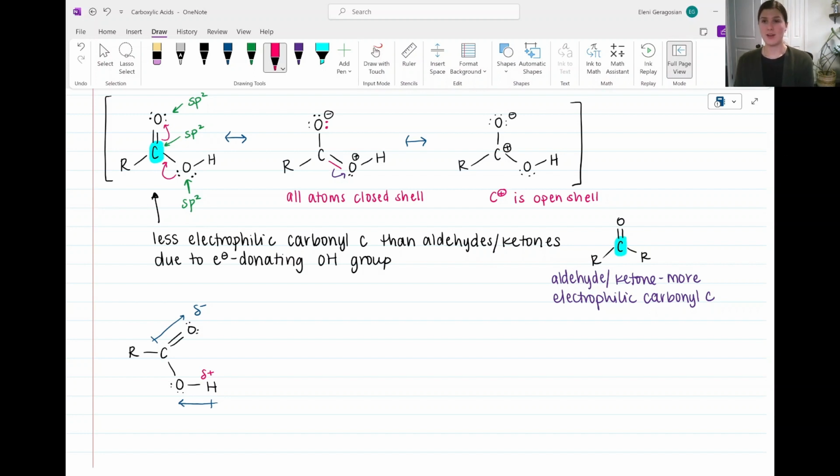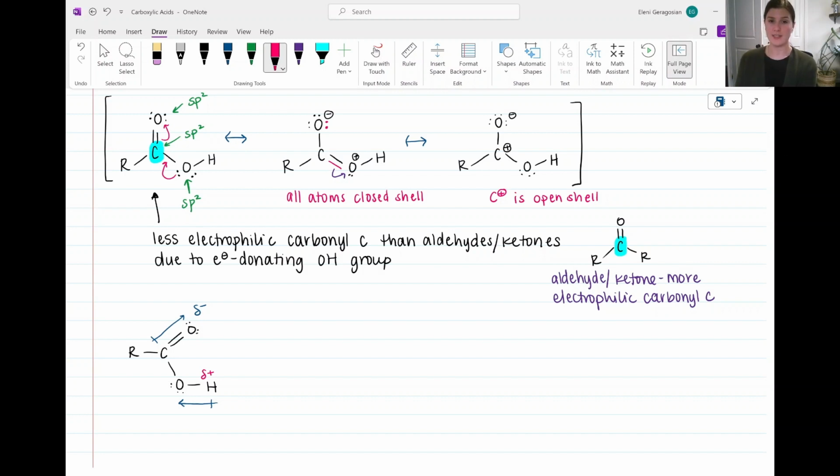Carbonyl compounds can also hydrogen bond with each other. The OH part of the molecule, that hydrogen, is a hydrogen bonding donor. That hydrogen can participate in a hydrogen bond with other electronegative atoms. And then both oxygens are hydrogen bonding acceptors, so they can hydrogen bond with hydrogens from other molecules.